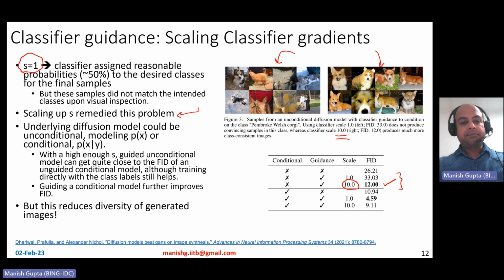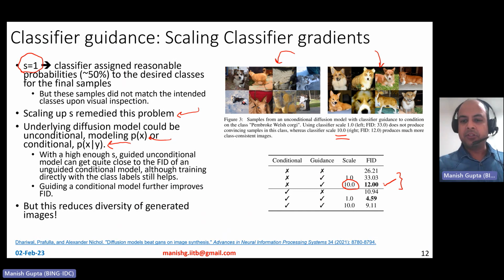Now, like you were doing P of X modeling, you could also do P of X given Y modeling. So far we basically said we don't have the class label at all. We're just generating images. While you were doing the P of X derivation, you could do the same thing in a class conditional way also. If class information is available, you pass it as the class embedding, and it becomes class conditional.